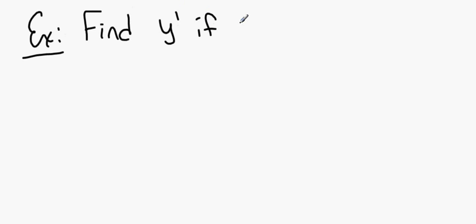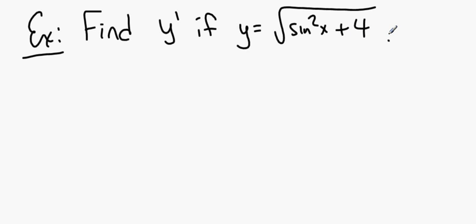Okay? So what about: find y prime if y is the square root of sine squared x plus 4? And you're thinking, what in the world? Because here we've got a square root and there's something inside, so I'm pretty sure that y is the square root of u.